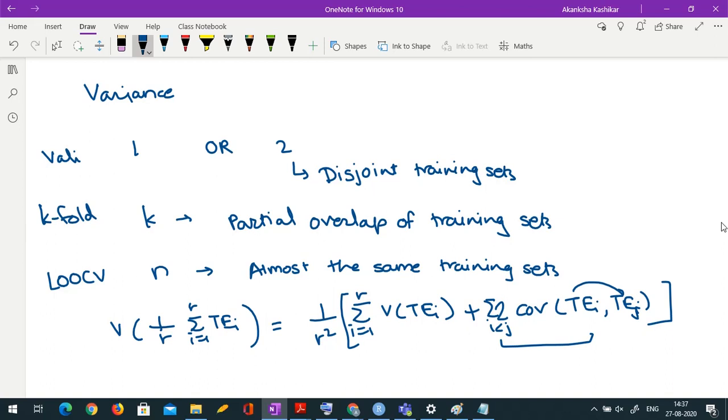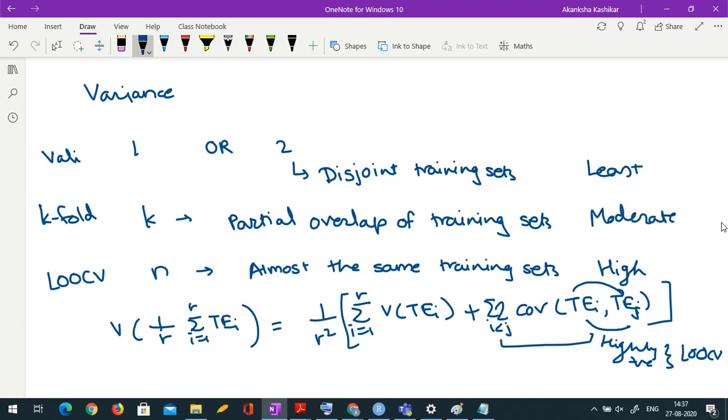Whereas in LOOCV, we know that they are based on almost the same data set, so these will be highly positively correlated. As a result, their contribution would be quite high. So variance is very high in the case of LOOCV, and in case of validation set it is the least. In case of k-fold it is moderate.